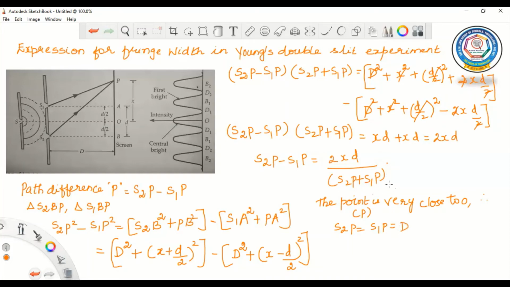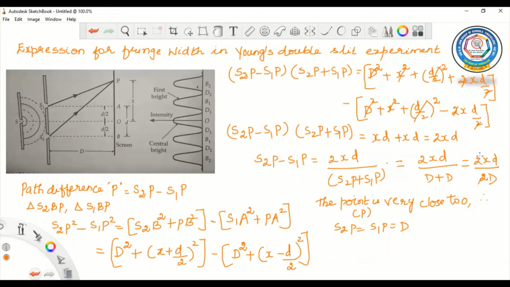So when you substitute it here, what will you get then? You will write it as 2xd divided by D plus D. So you will get 2xd divided by 2D. So this is your path difference.